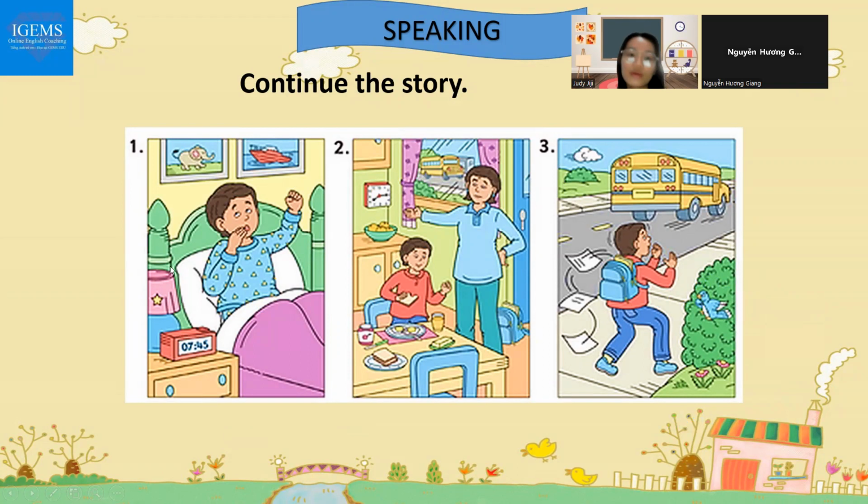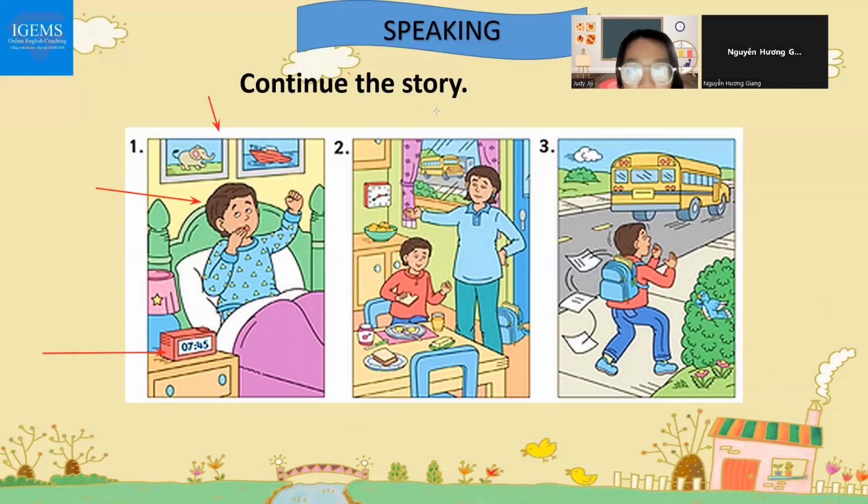For example, number 1 is a picture of the little girl waking up and taking a look at the clock here. Pay attention to the action that she does, the clock, the background, the event, and the place where the story takes place.